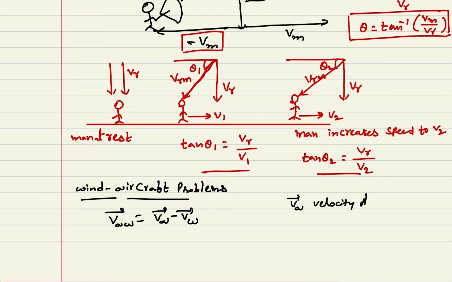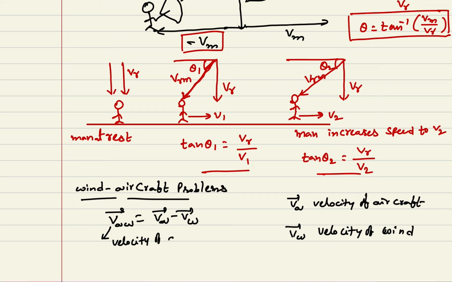VA bar indicates the velocity of aircraft, VW bar is the velocity of wind, and this is the velocity of aircraft with respect to wind. These are the relations.